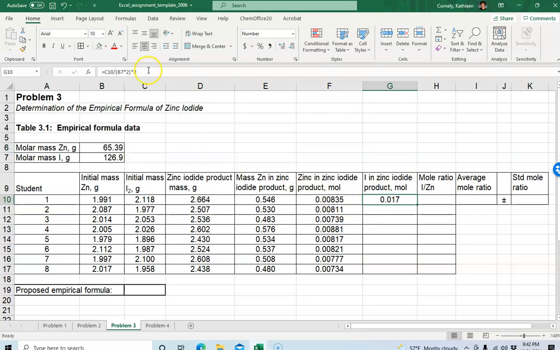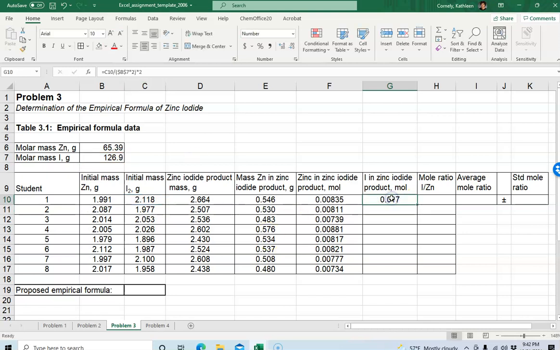the next thing I want to do is another absolute reference, because at B7, I'm going to want to copy for student number 1 and then go all the way down. So that means that for B7, I have to do another absolute reference. So let's do $B$7, and hit enter.